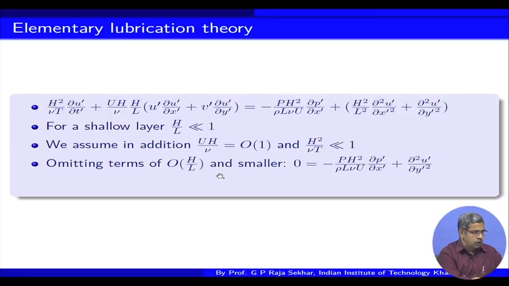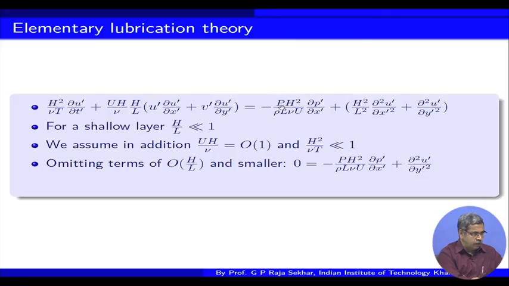That means we are considering constant terms, and since h by L is much smaller, we are omitting h by L and the higher order terms. So this is gone because of the steady assumption. Then since h by L is small and this is restricted to order 1, this term is gone, and we have the corresponding right hand side.